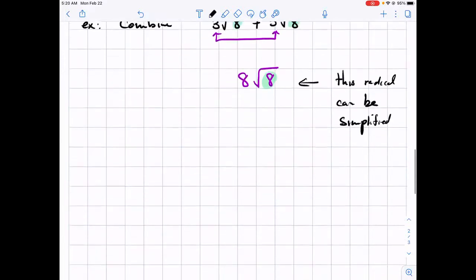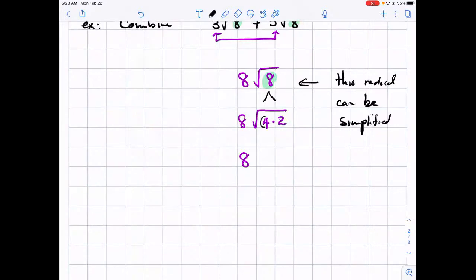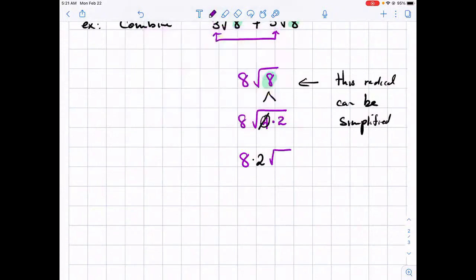The 8 can be broken down into two numbers, one of them being a perfect square. So this is 4 times 2. Then we have 8, right? The square root of 4 comes out, and that is times 2. And then what you have left is the radical 2.